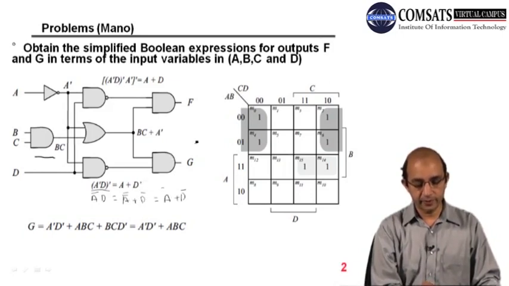So if you look here, we have BC plus A bar.